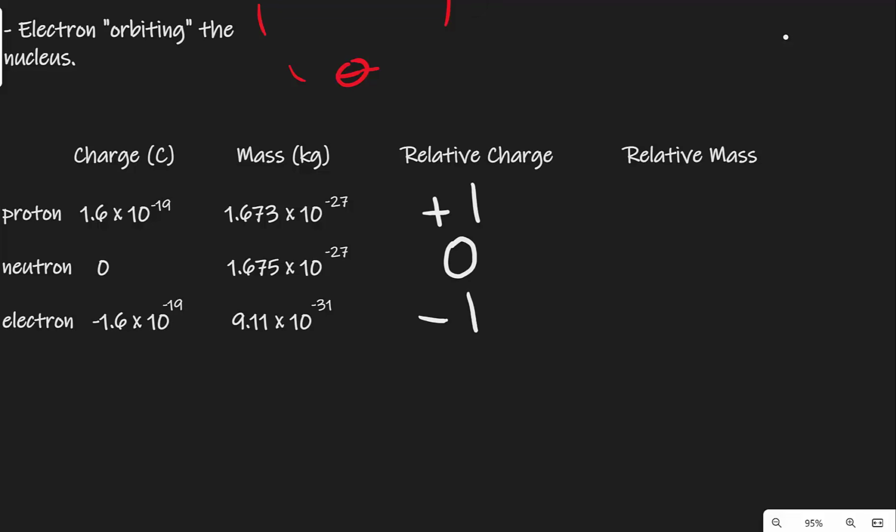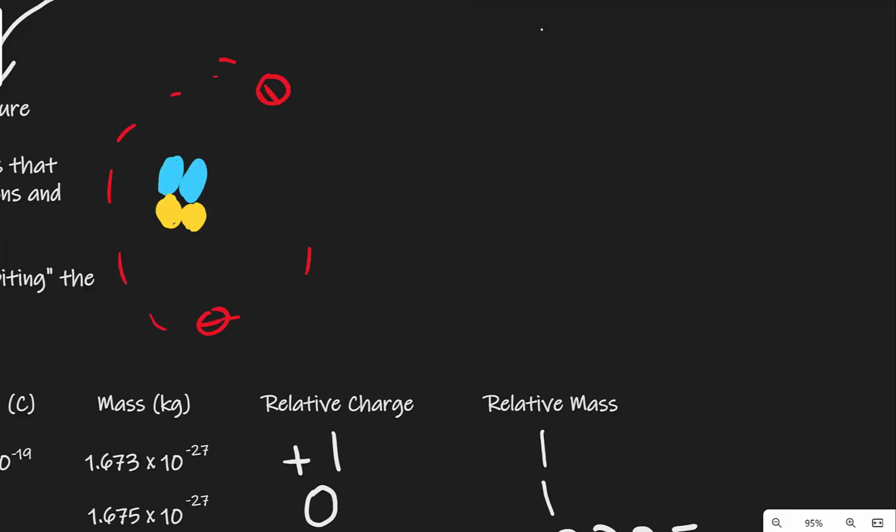In this case, both the proton and neutron are going to have a relative mass of 1 because they have roughly the same mass. The electron, though, is multiple times smaller, and its relative mass is tiny. It's about 0.005.